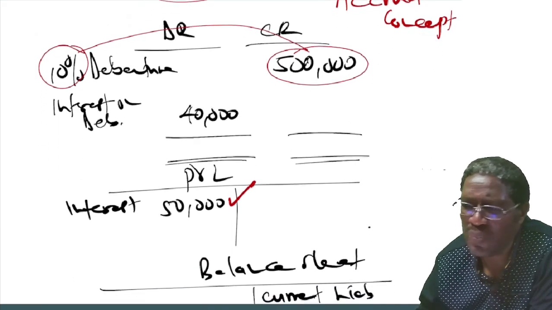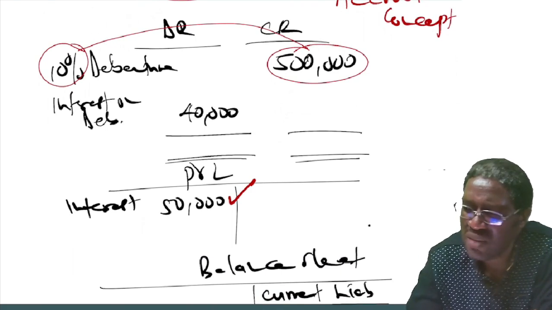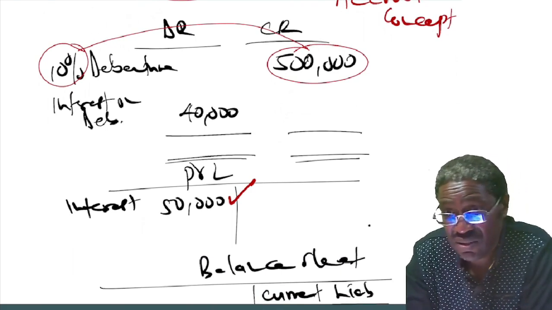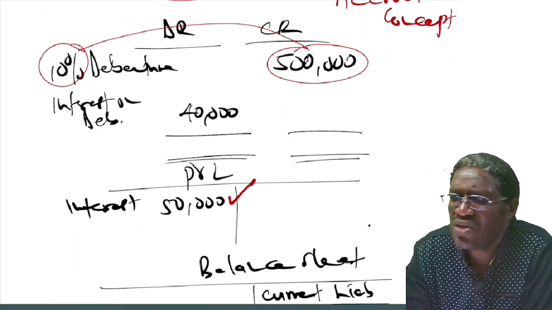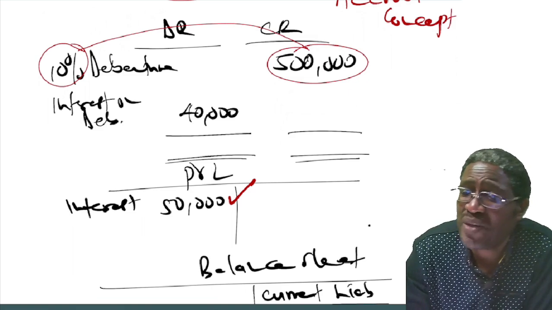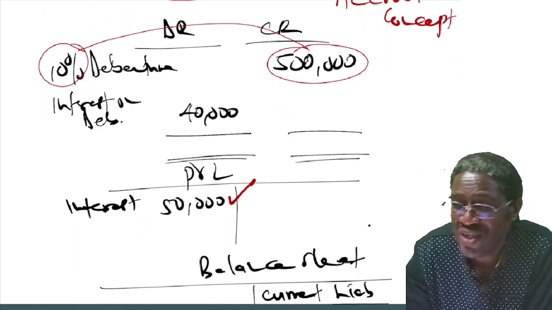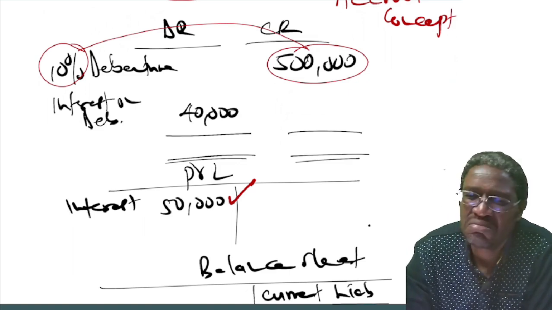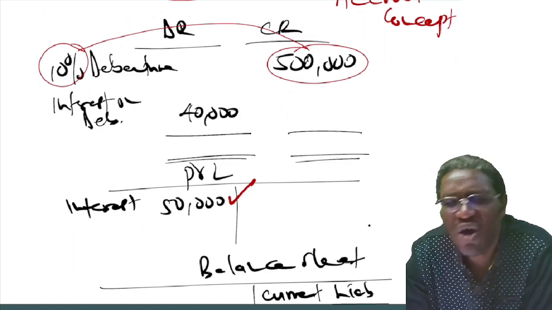So in all your past papers, the examiner has always tested this in the trial balance that will be given. It will be given as a trial balance where you have a case 1. They may not call it a 10% debenture. They might call it a 10% loan. They might call it a 10% bond. The concept is the same.